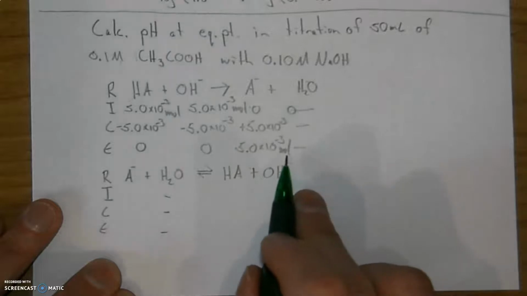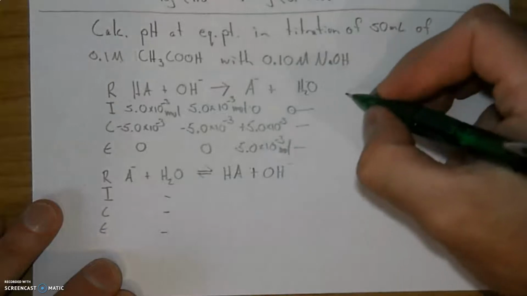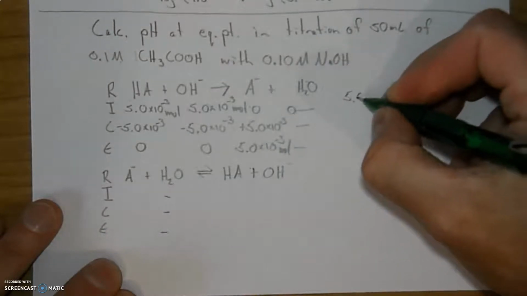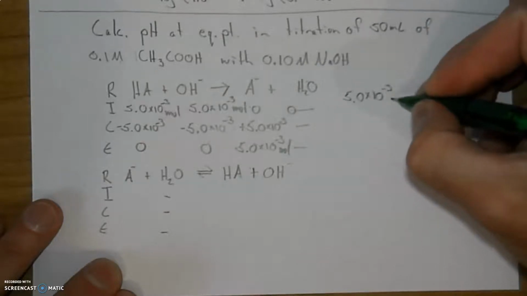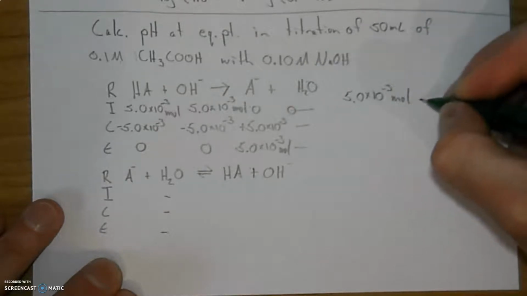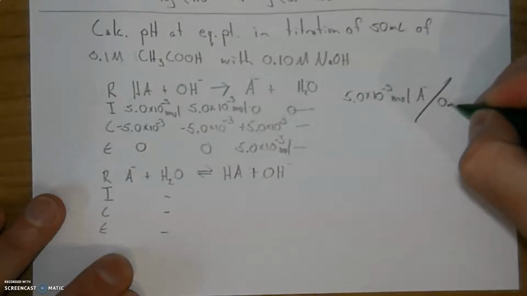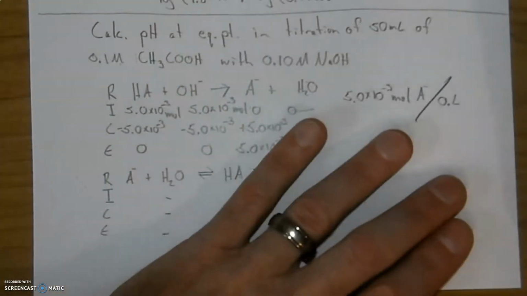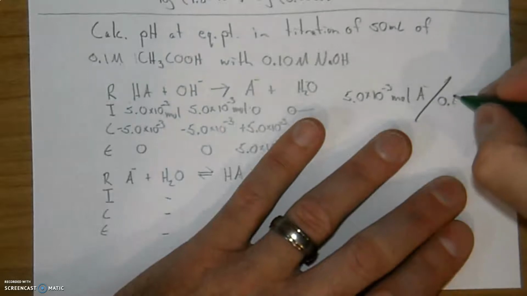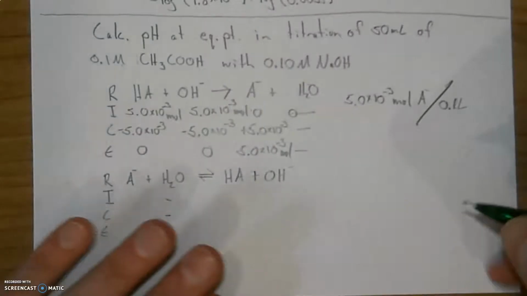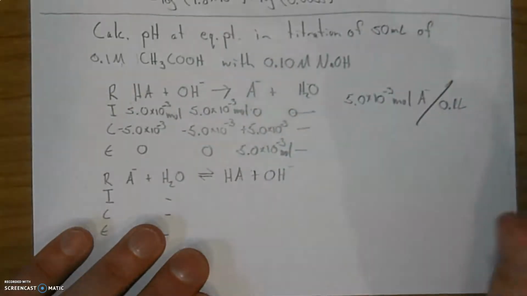So I can now switch this over to total volume molarity. Over here, I'm just going to do some scratch work. 5.0 times 10 to the negative 3 moles of the sodium acetate divided by 0.1 liters, that is the sum total of the two 50 mL volumes.